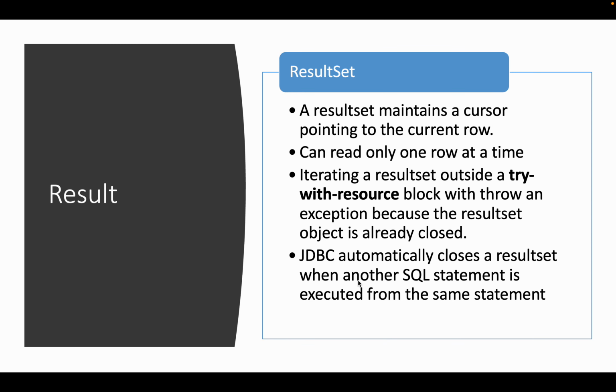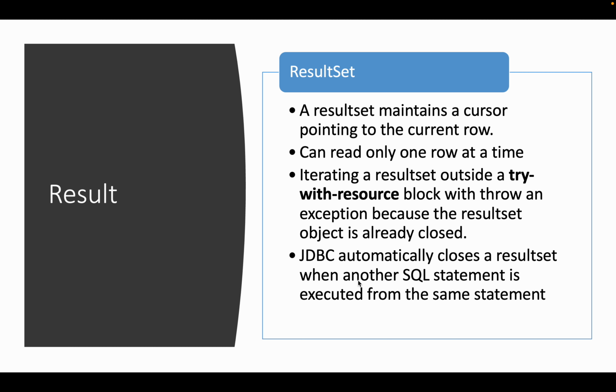Then ResultSet. ResultSet is one important interface in JDBC. A ResultSet maintains a cursor pointing to the current row. So when you retrieve data from a database, you have data in rows. When you move from one row to another, you use a cursor, and that is found inside the ResultSet. And it can read only one row at a time.